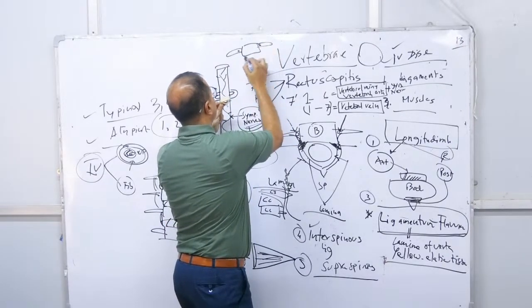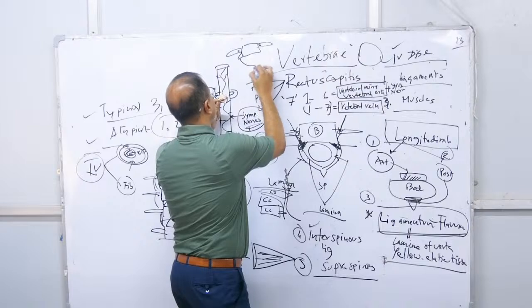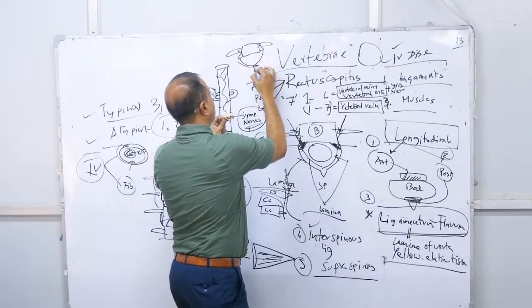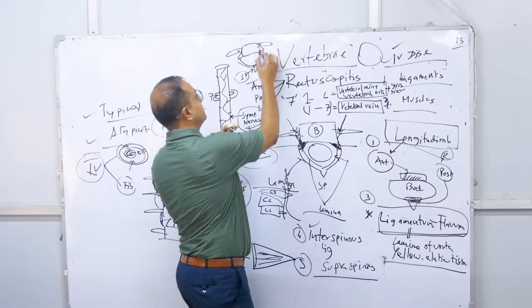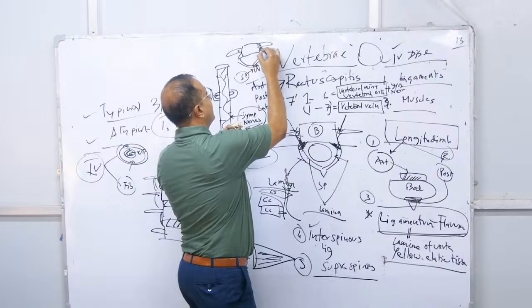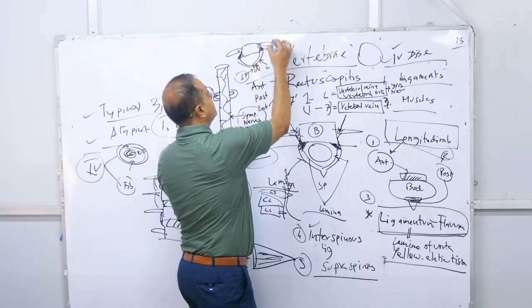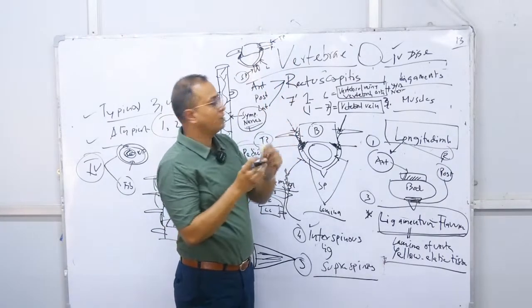We have the foramen transversarium, then we have these facets, and this is the spinous process, which is like this. This is the lamina, and this part I am blacking with the ink is the pedicle, and this is the transverse process. So, this is how a vertebra looks in the cervical region.